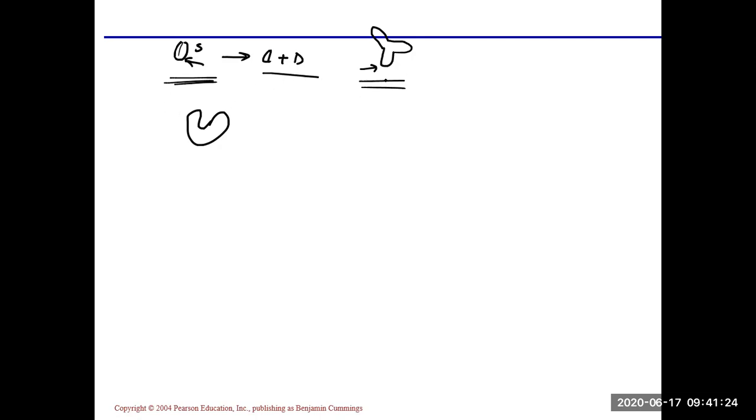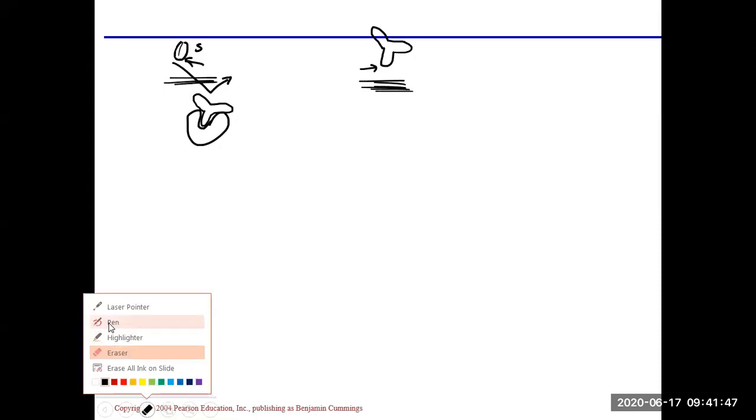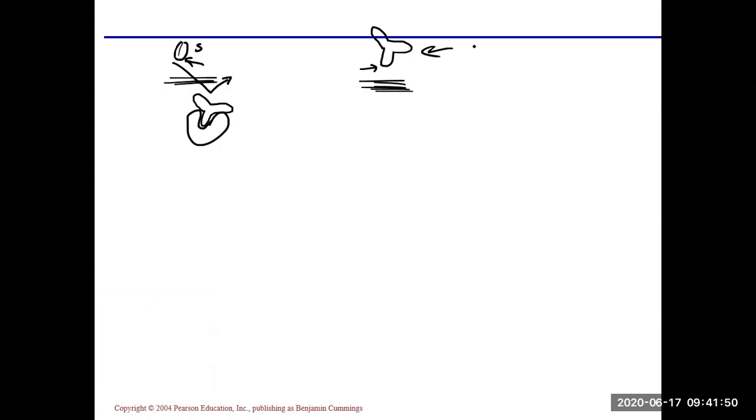But if you have another molecule binding in here and blocking it, now the substrate has nowhere to bind. As a result, you're not going to get that much product. These are called competitive inhibitors.